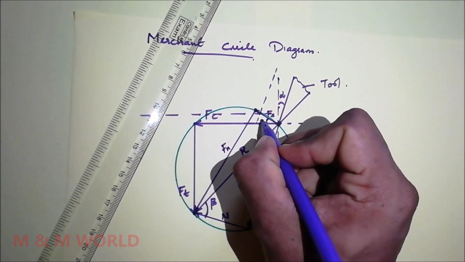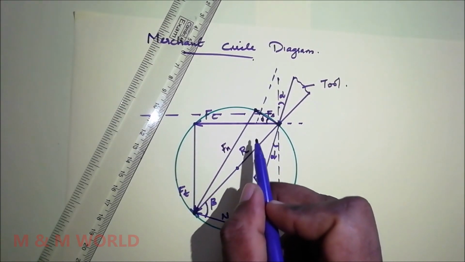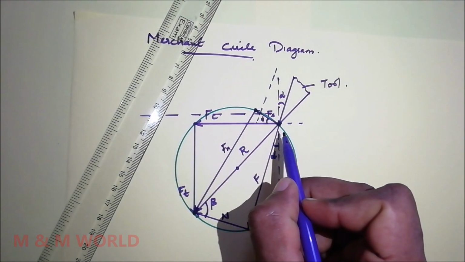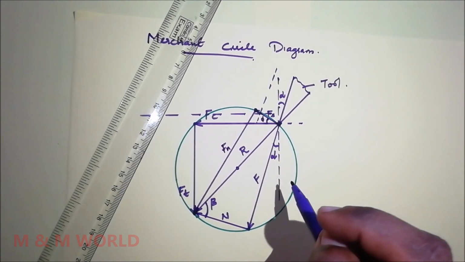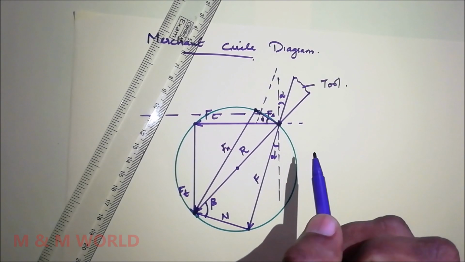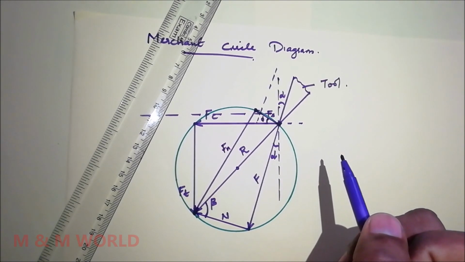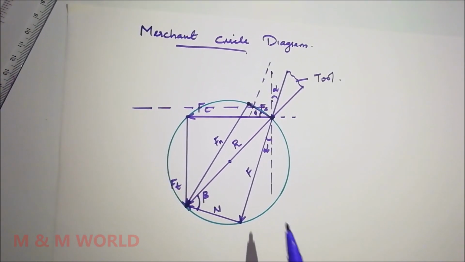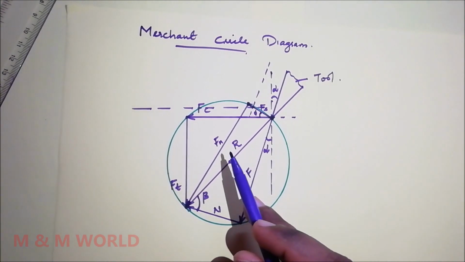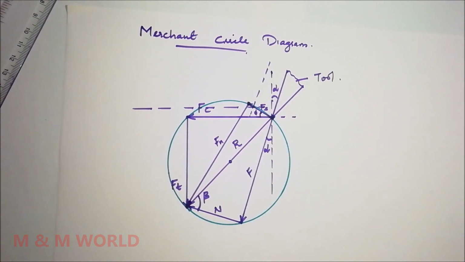This angle will be phi. Now by using scale and protractor we can measure all the forces and angles from this diagram. So from this diagram you can find the value of Fn, Fs, phi, etc. So this is how a merchant circle is drawn.